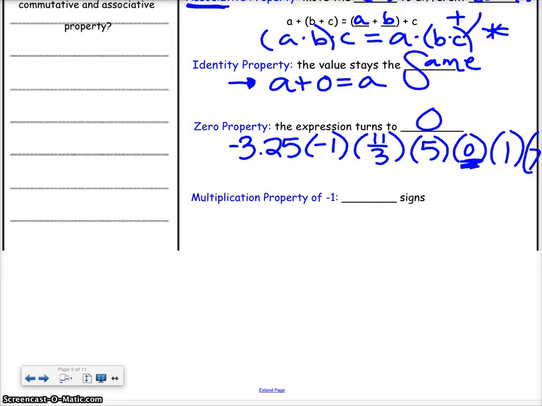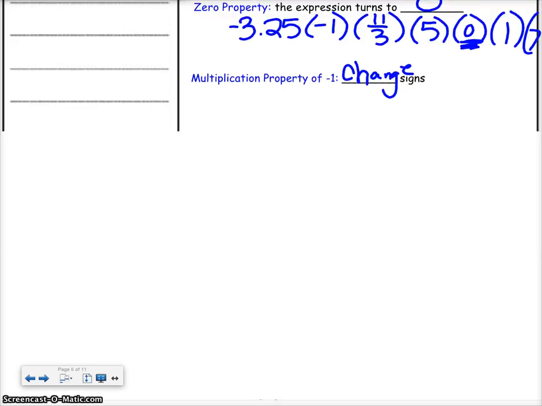In multiplication, the property of -1 is how we change signs. You use that a lot as an 8th grader, solving equations in chapter 2, I think it is. Let me show you how you see it. You're going to see it like this: -x equals a number, like 5.